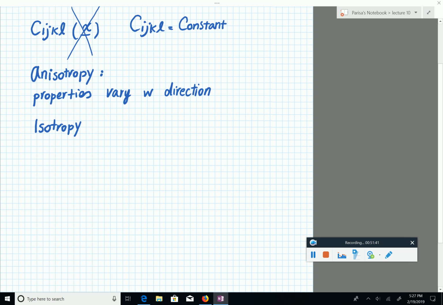Exactly. So at a macro scale, the bulk properties and things like that as well. Exactly. So going back to what Cody said, if you go inside one grain, then it's different, right? Then you have a crystal and it's different. But if you look a little bit further, you have random distribution, so it doesn't matter which direction you are looking at, right? So most of the materials are actually isotropic.